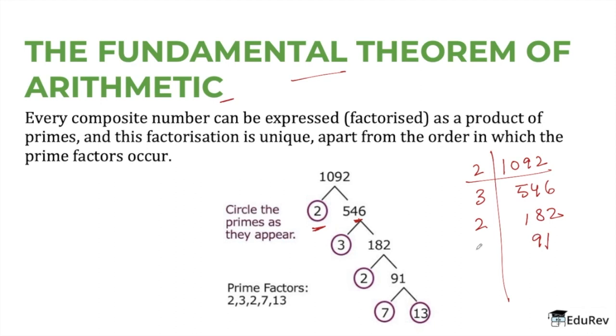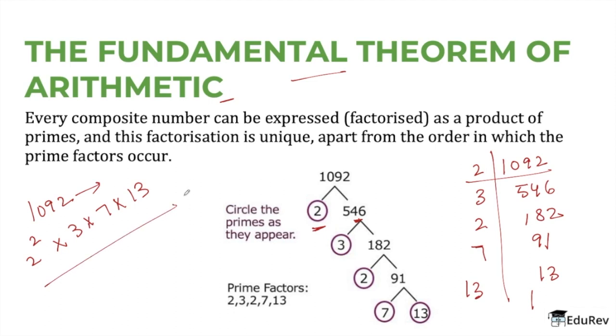And lastly, 7 times 13 is 91, and 13 times 1 is 13. So 1092 can be written in the form of 2 to the power 2 into 3 into 7 into 13. So this is how we can write 1092. Alright, I hope you have understood everything we have discussed so far.